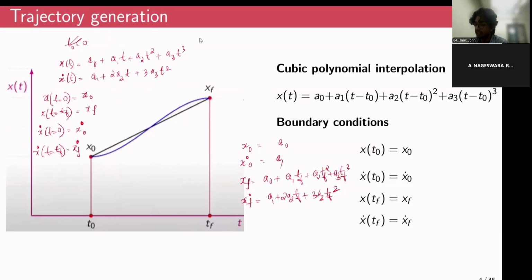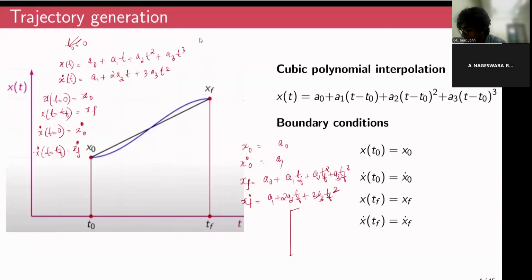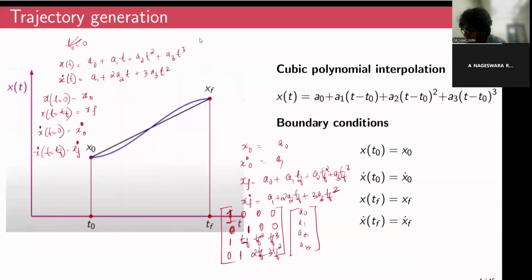You can write this in terms of a matrix and a vector form as something like: A0, A1, A2, A3, and your matrix of coefficients would look something like 1, 0, 0, 0, then 0, 1, 0, 0, then 1, tf, tf square, tf cube, then 0, 1, 2 tf, 3 tf square.